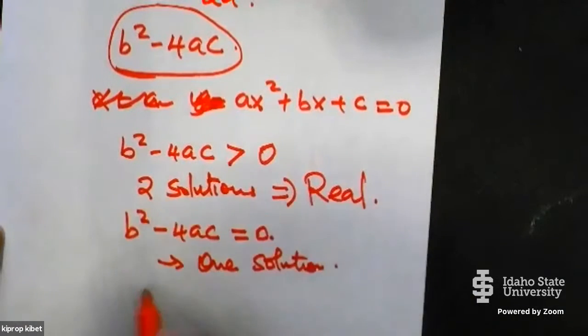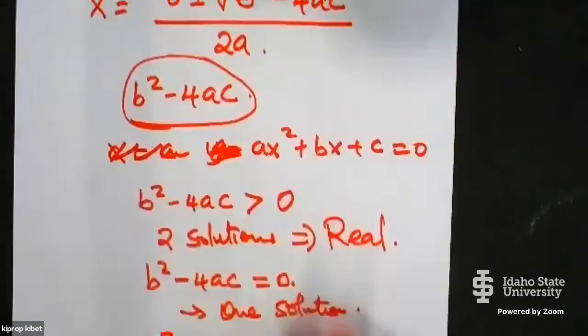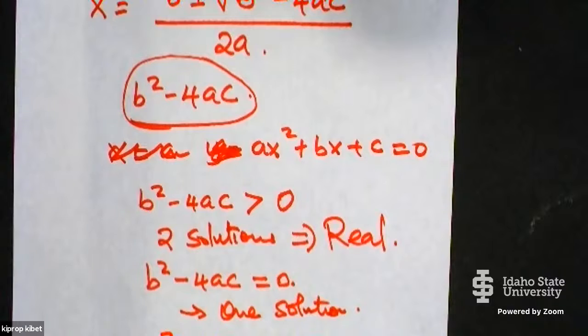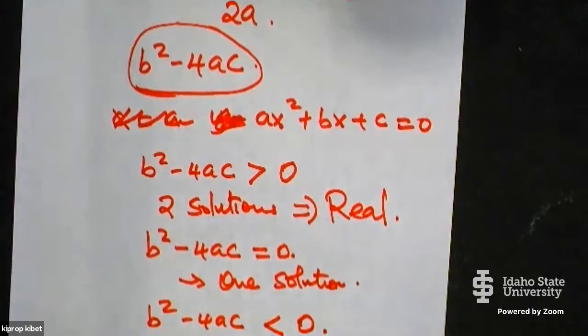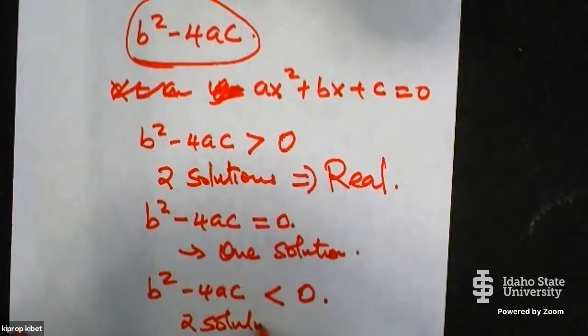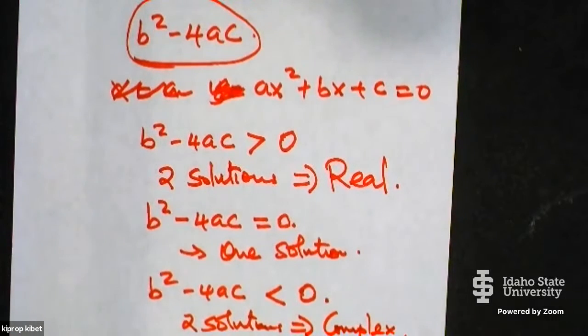Now, if b squared minus 4ac is less than 0, getting the square root of anything less than 0, which is a minus, then we have two solutions here, but the two solutions are complex.